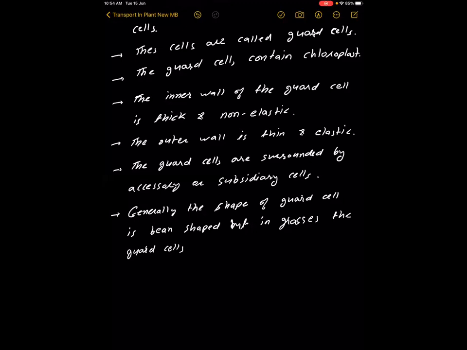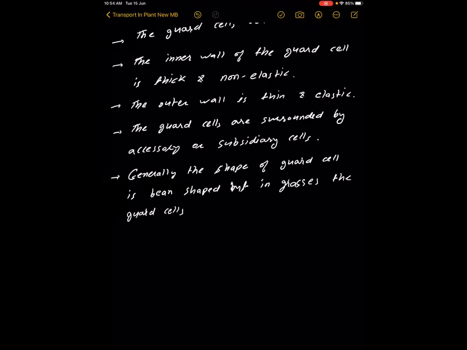But yes, it depends on the option. If the examiner is asking only monocot, it's okay, because grasses are monocots. But generally we consider grasses only. So grasses, the guard cells are dumbbell shaped.